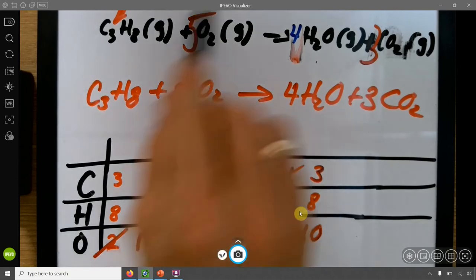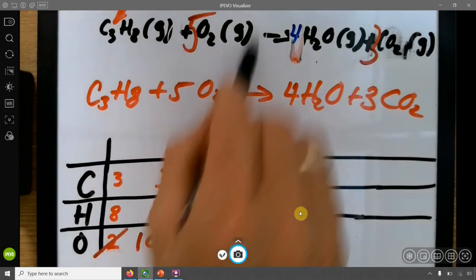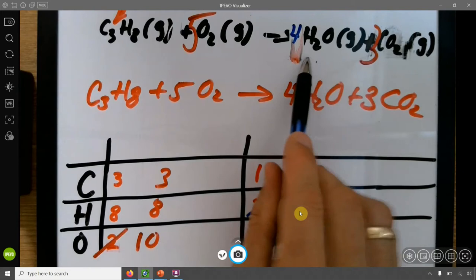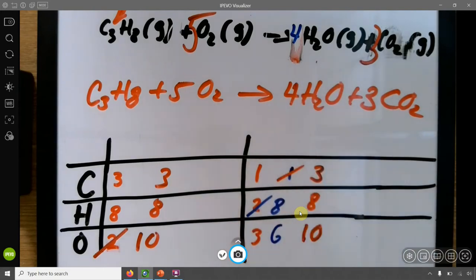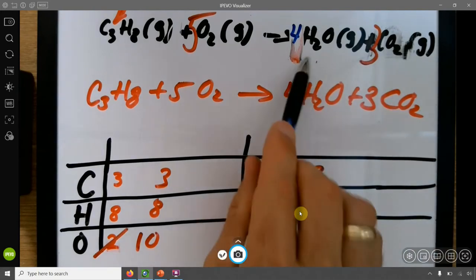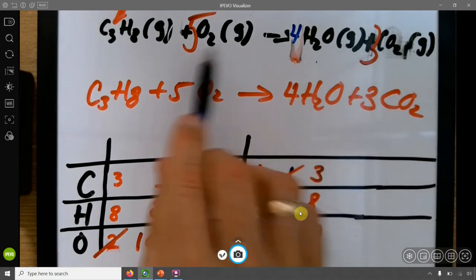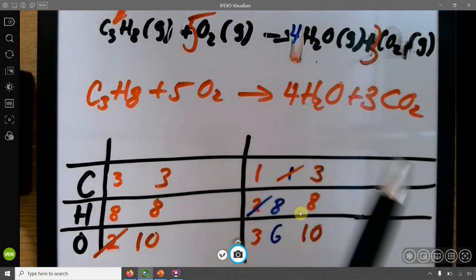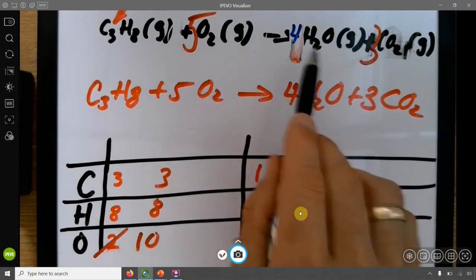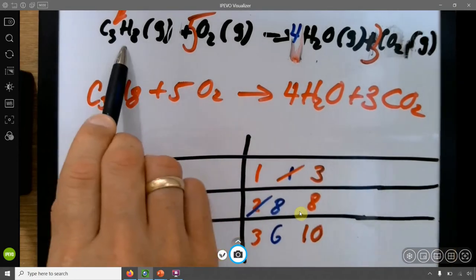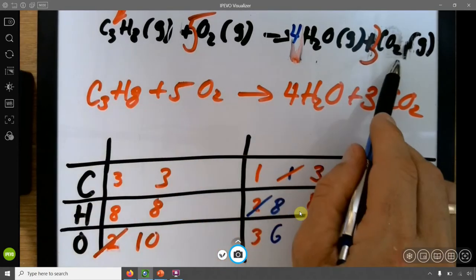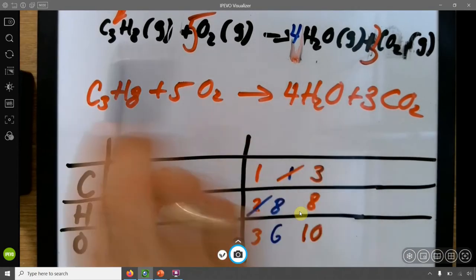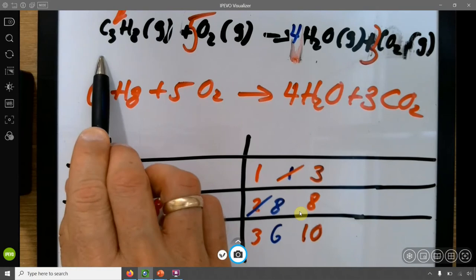I saw that oxygen here is by itself, and I saw that here it's coupled with the other 2. And so I figured, if I were to mess with oxygen right away, I have to go back and forth a whole bunch of times. Hydrogen is only in water and only in propane, not here and not here. So if I play with this, I will fix my hydrogen. That's why I picked hydrogen first.